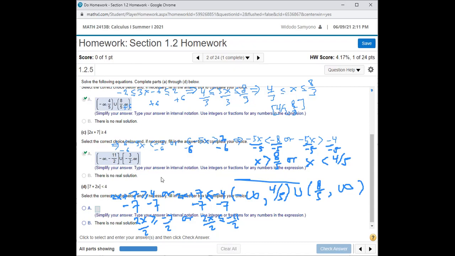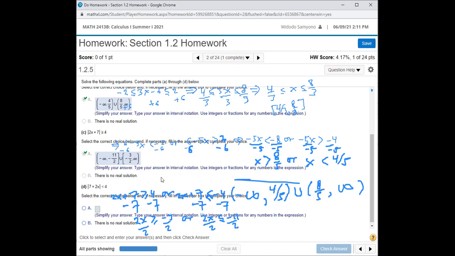So that means we have -4, right? And then the less than sign, and then 7 plus 2x, and then less than 4, right? Now you need to subtract by 7, right? Yes.